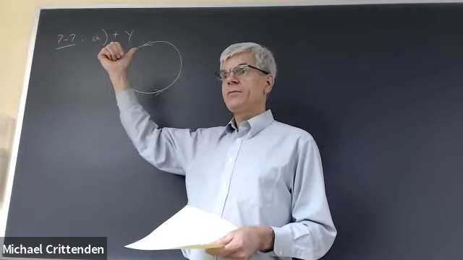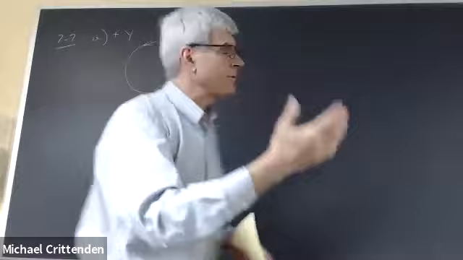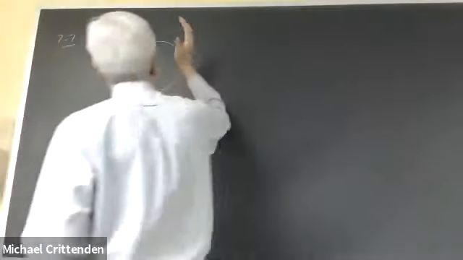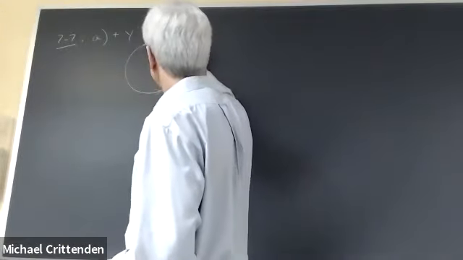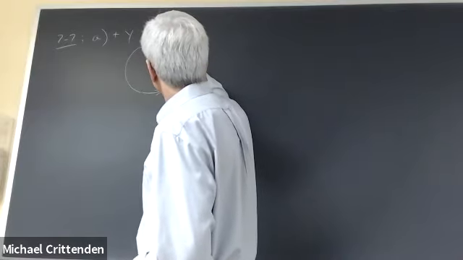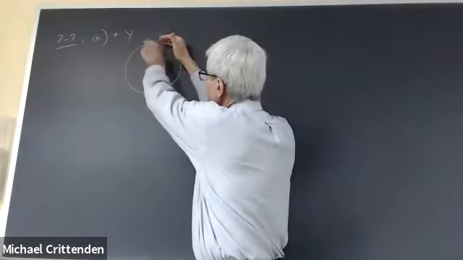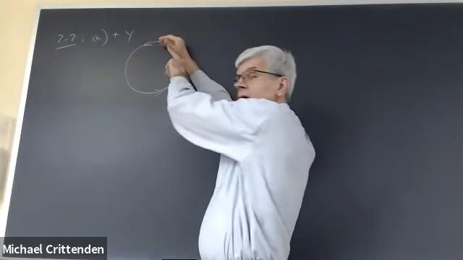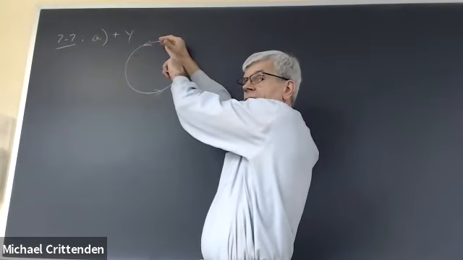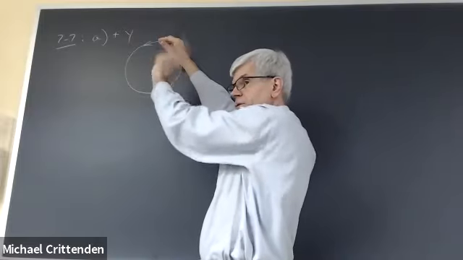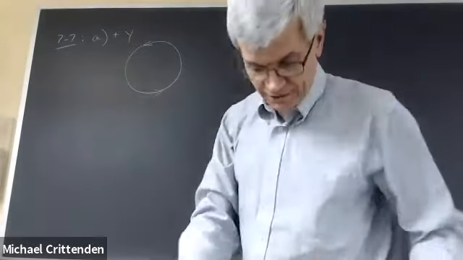And the way you choose between those two alternatives is you grab the coil, or in this case it's just a single loop, with your fingers pointing in the direction that the current goes around. Your thumb points in the direction of mu, the magnetic moment vector.